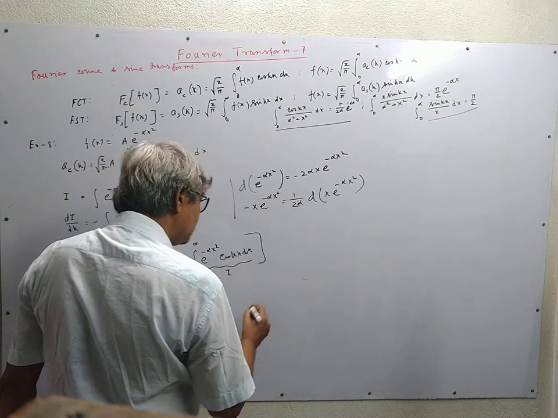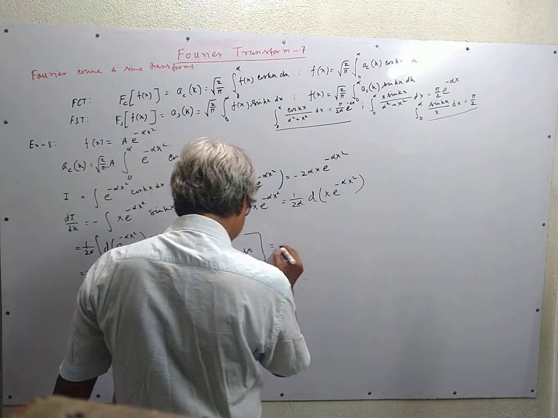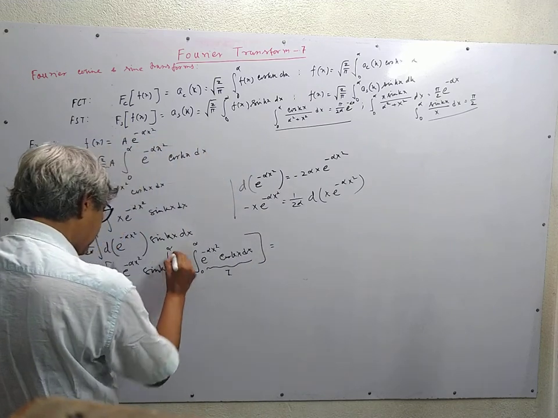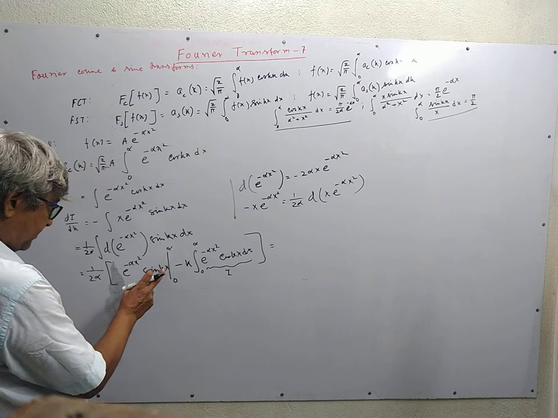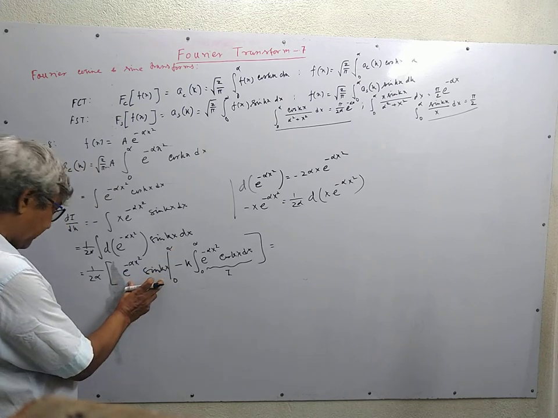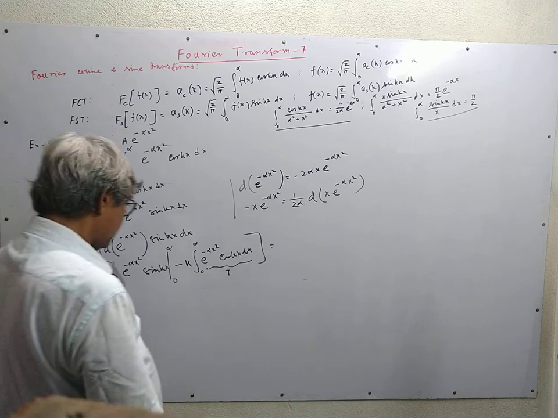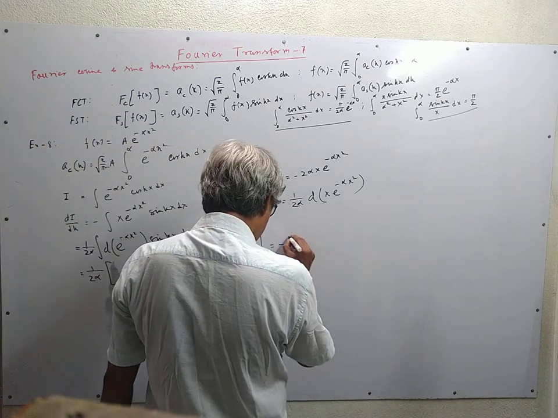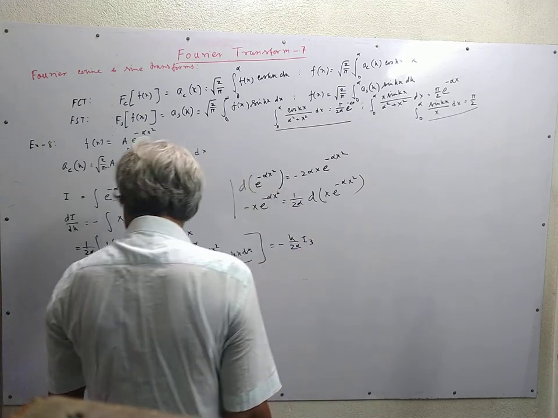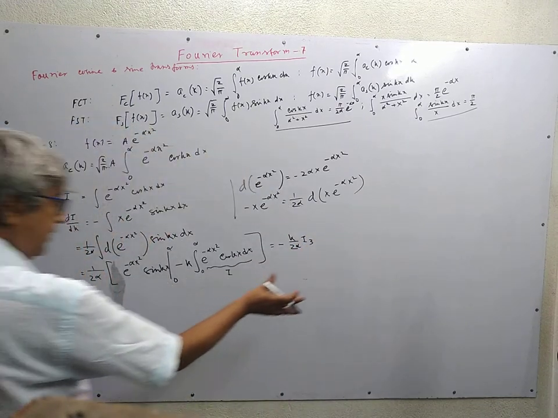The result has to be put within limits. At x equal to 0, it is 0 due to the sine factor, and at x equal to infinity, it is 0 for this factor. So the result is minus k by 2 alpha I3.